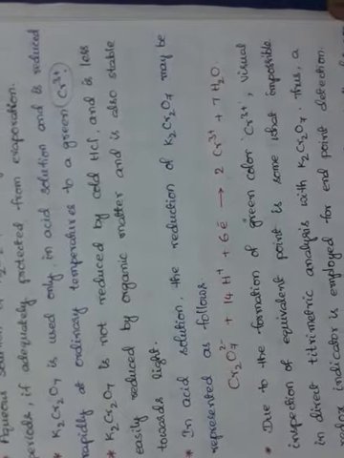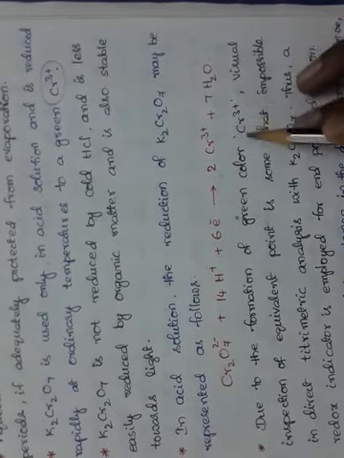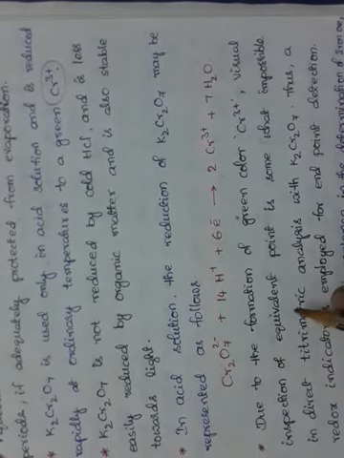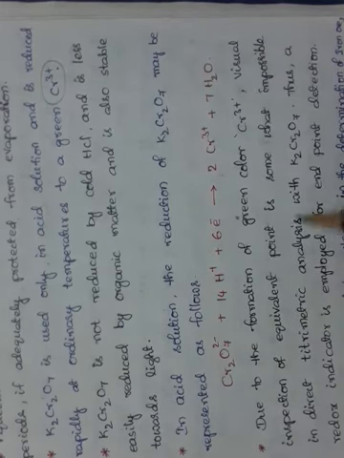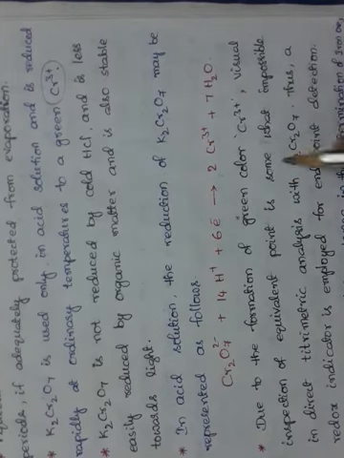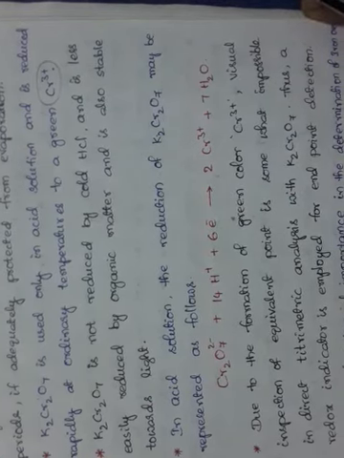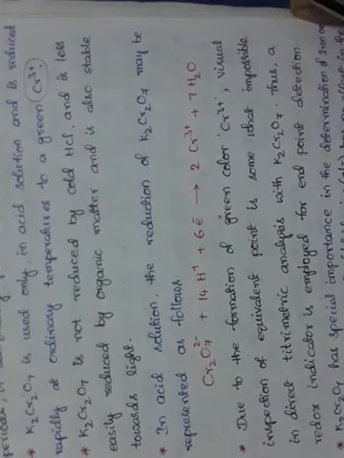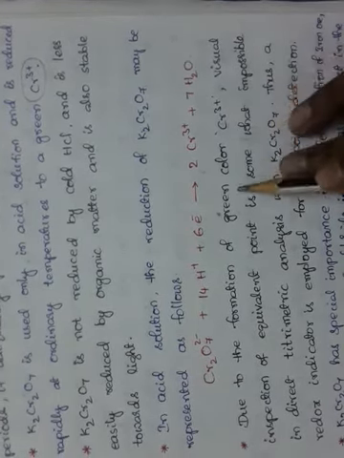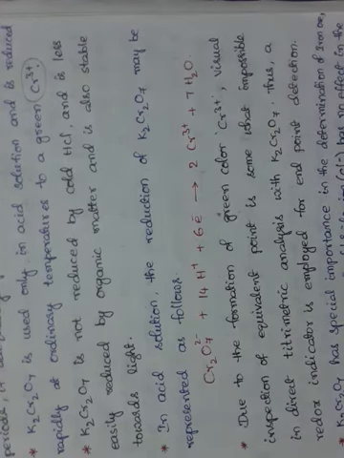Due to the formation of this green colored chromium 3, in visual titration at the equivalence point, it can produce some green color. So, the detection of endpoint is somewhat difficult. Is it clear? Generally, chromium 3 color is green.